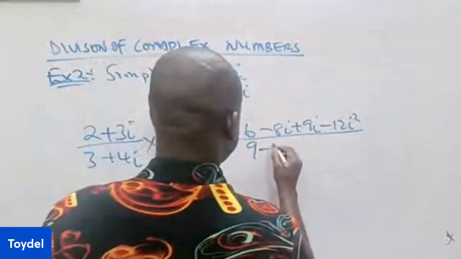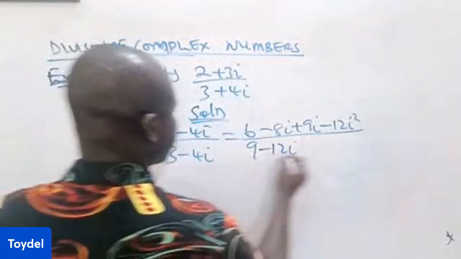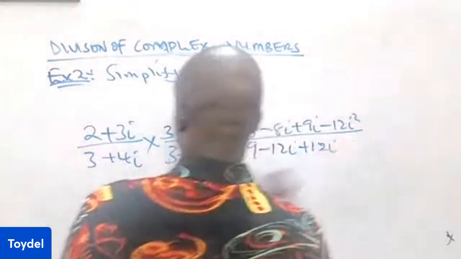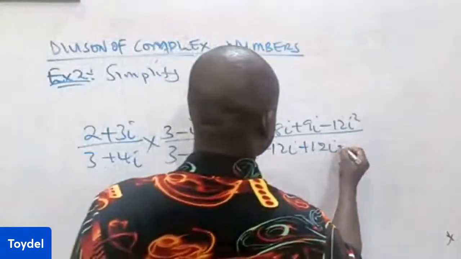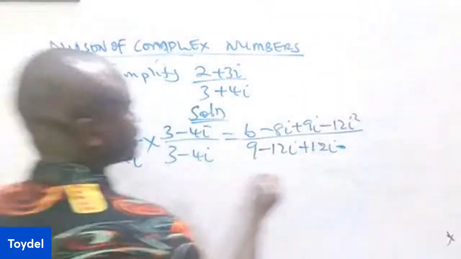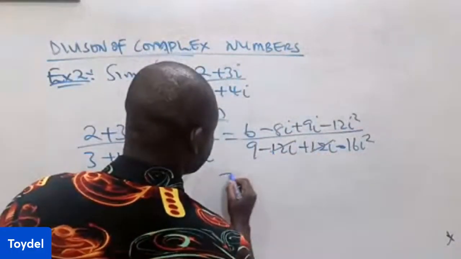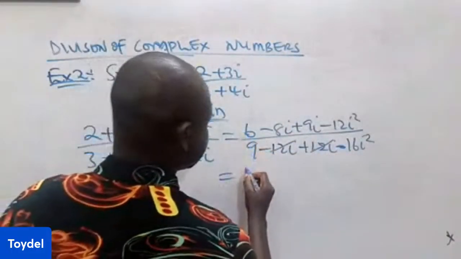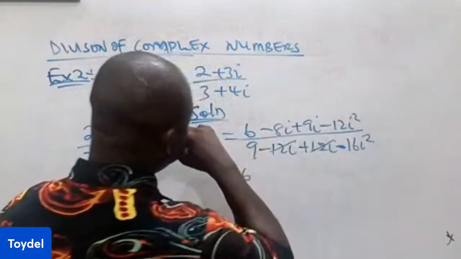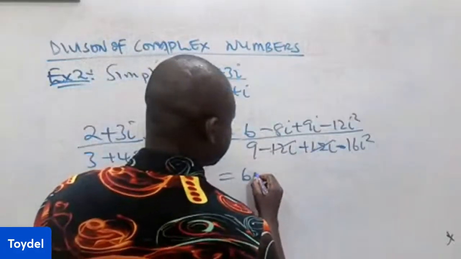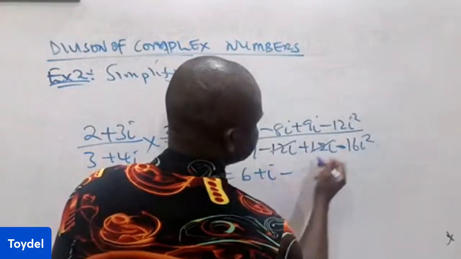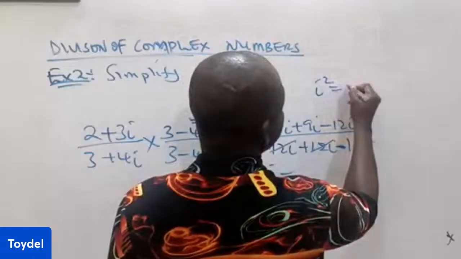Let's expand. This will be minus 12i, then here will be plus 12i, then plus times minus is minus, 4 times 4, that's 16. We have 16i squared. This we cancel. At the numerator, we are going to have 6, then 9i minus 8i, that's plus i, minus 12i squared.